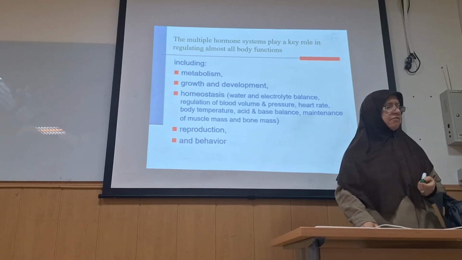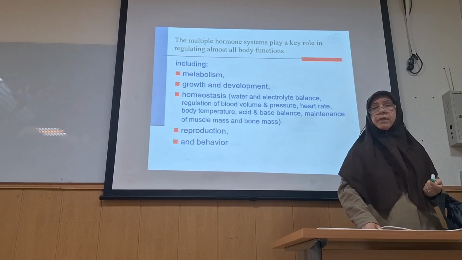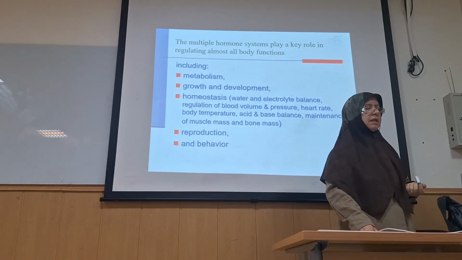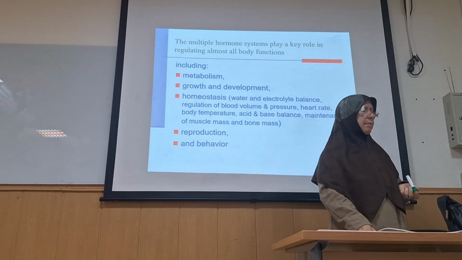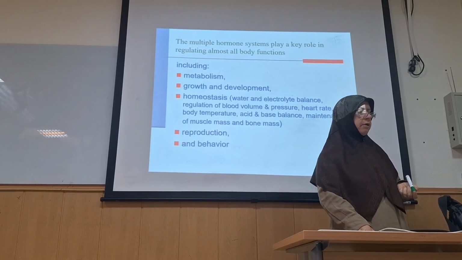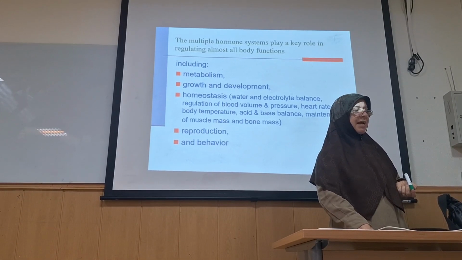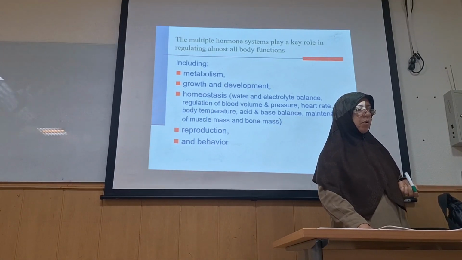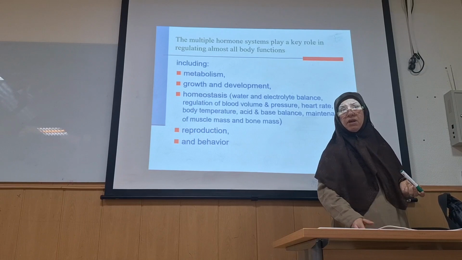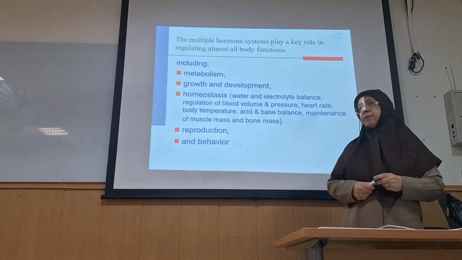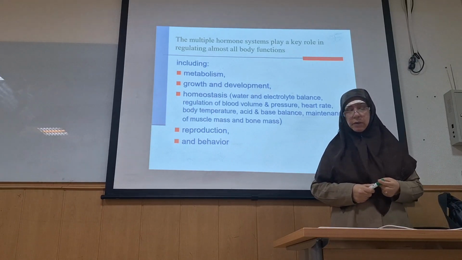Hormones have effect on metabolism, growth and development, homeostasis. So, for example, water and electrolyte balance, regulation of blood volume, blood pressure, heart rate, body temperature, acid-base balance, maintenance of muscle mass and bone mass, reproduction and behavior. So many functions of the body are controlled by hormones. Okay.